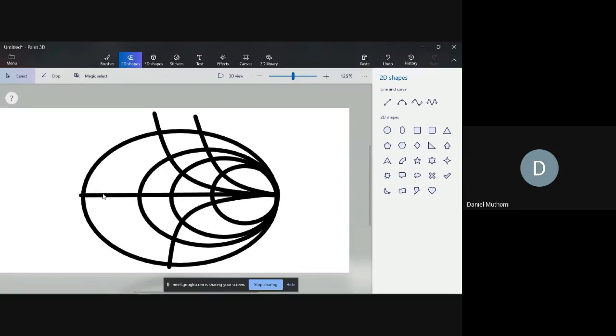So even this straight line in the middle is an arc per se. And so the circles denote the resistive part, and then the arcs denote the imaginary part when you're given an impedance. Yeah, so that's how it looks like.